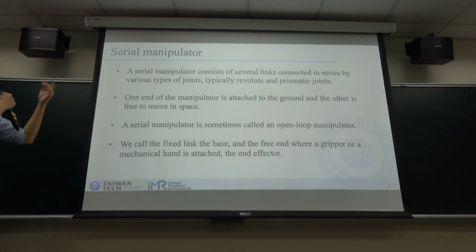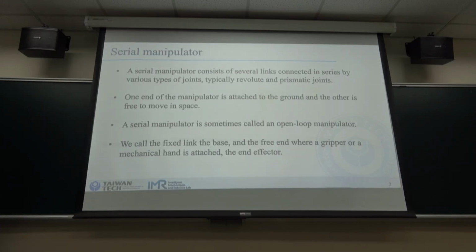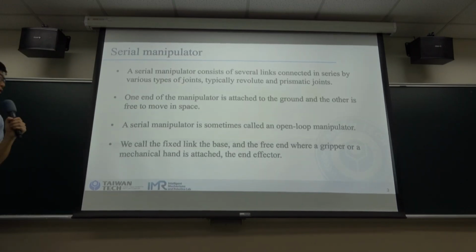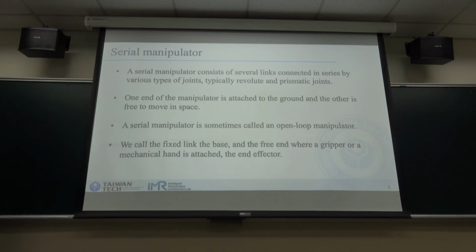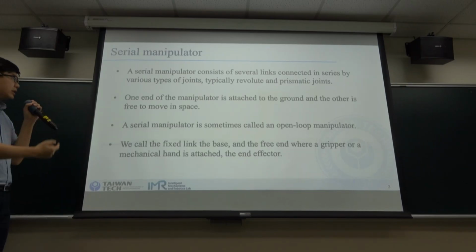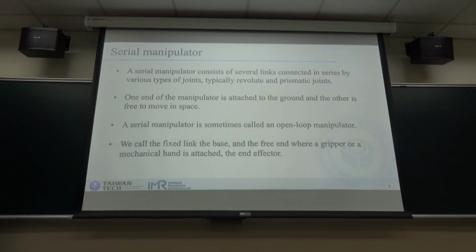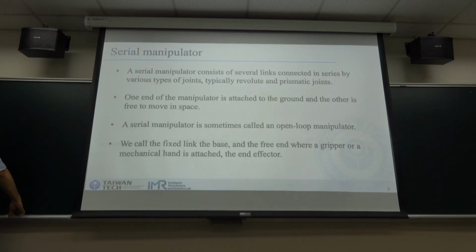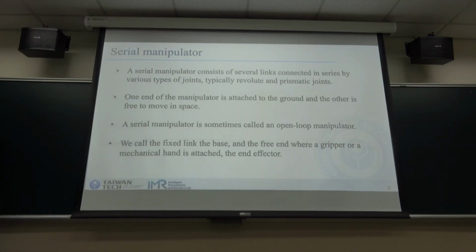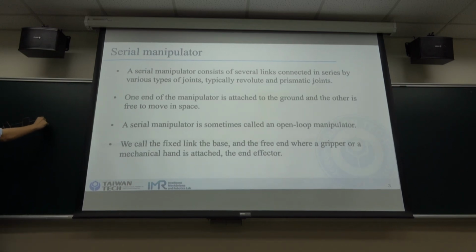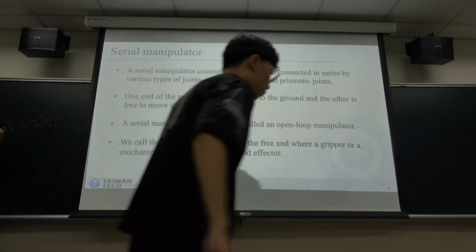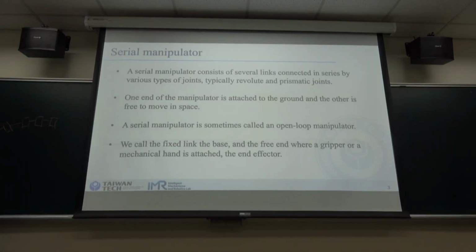So what is a serial manipulator? I think most of you have already known what a serial manipulator is. A serial manipulator consists of several links connected in a series by various types of joints. If the robot is connected serially, this is called a serial manipulator.